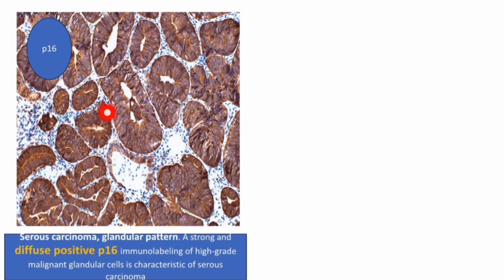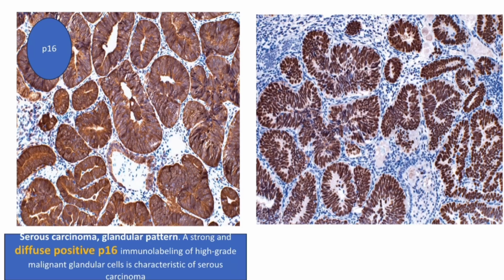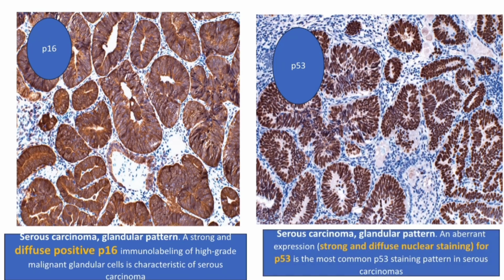And here let's see the IHC markers. Here there is diffuse positivity with P16, and all the tumor cells are positive with this marker. This is another marker, P53. It shows a strong diffuse nuclear pattern, which is aberrant overexpression, and it is suggestive of the glandular pattern of serous carcinoma.